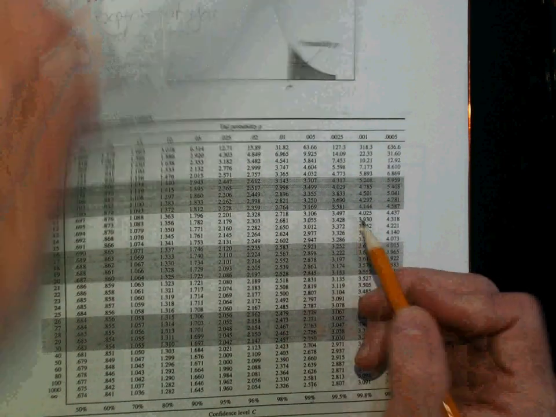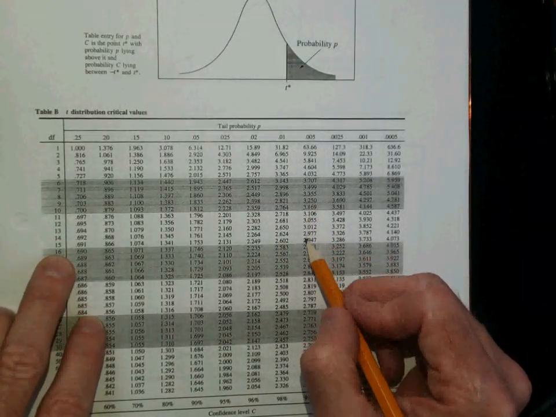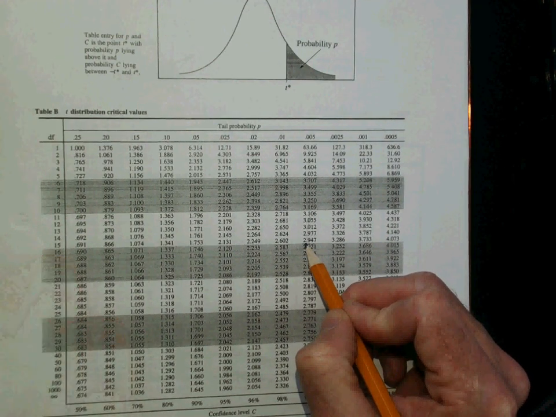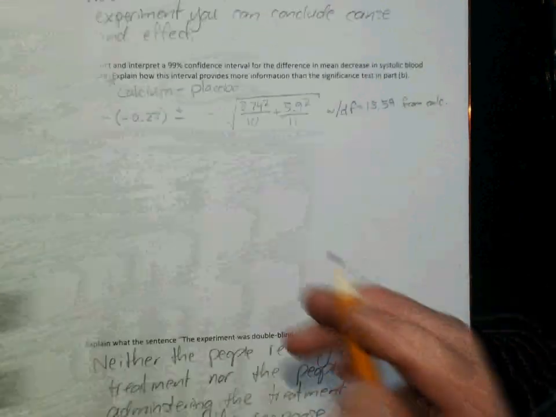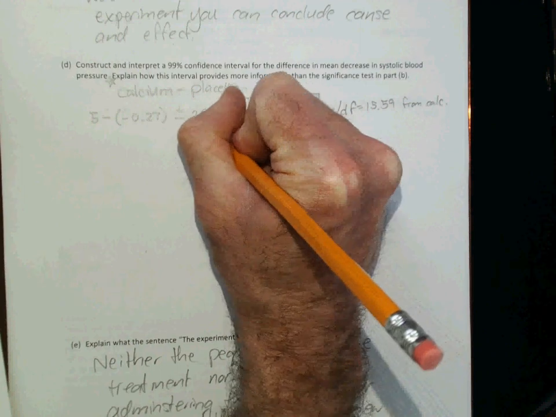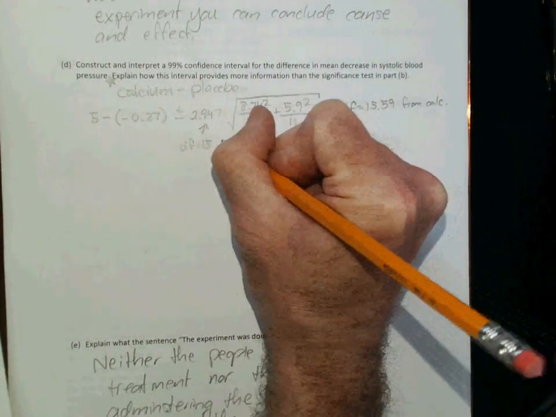But if we use 15.59 on here, it will go to 15, so that's 2.947, which will be a little thinner. So if you use the technology, it's a little thinner. 2.947. I'm going to put a little note here: df equals 15 from table.